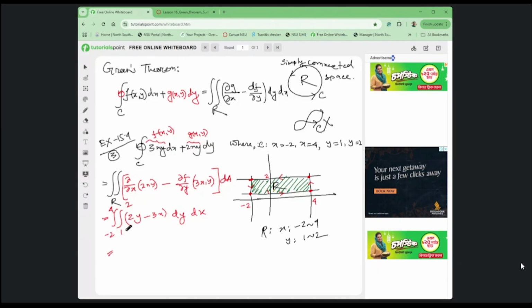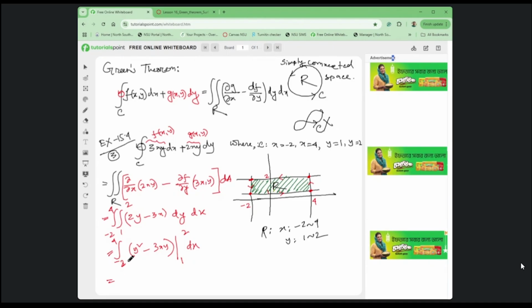So you integrate this part, -2 to 4. If you complete this integration, that would be y square minus 3xy, lower limit 1, upper limit 2. Now complete this integration and let me know your answer.